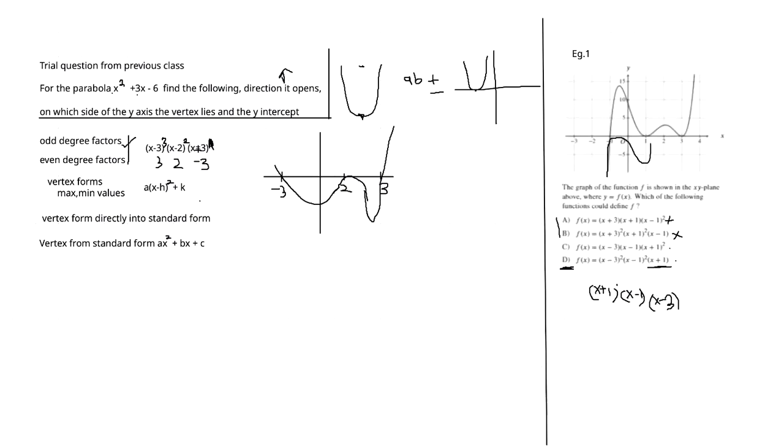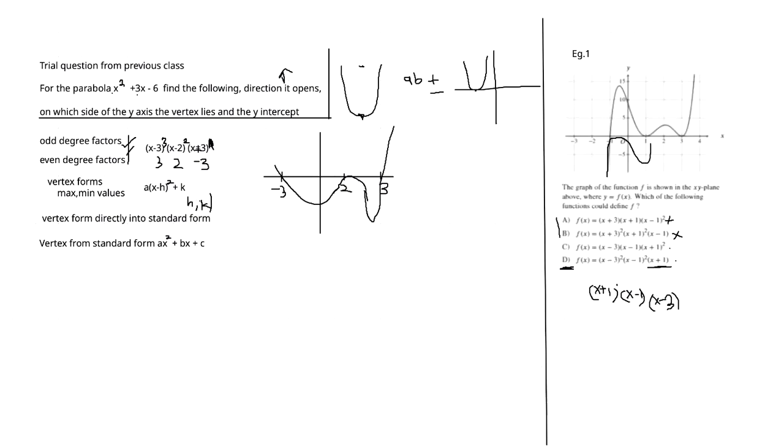Now, let's move to our next, which is the vertex form. The vertex form is usually in this form, a(x minus h) squared plus k, where this a is the coefficient of x squared in the standard form, and (h, k) is your vertex.